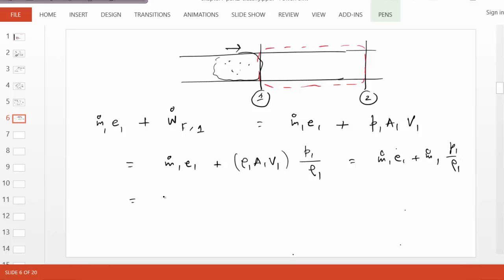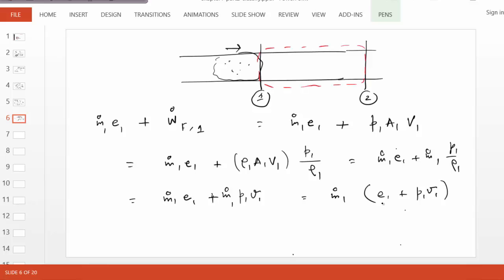And we also know P1 over density is nothing but the thermodynamic property specific volume. So notice how it's simplifying. And this is a very important concept. We will use that anytime there is a flow involved.